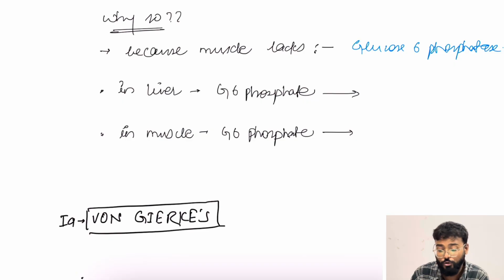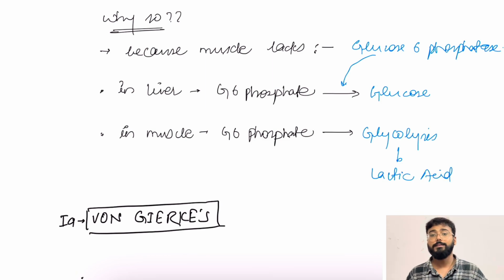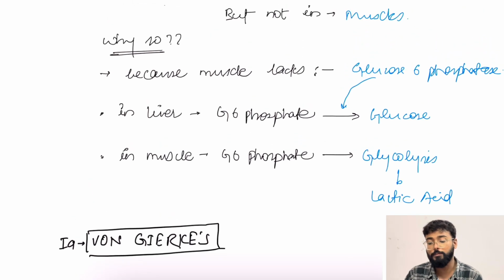So in liver, glucose 6 phosphate is going to form glucose with the help of this enzyme, but this doesn't occur in case of muscle. So glucose 6 phosphate is going to enter the process of glycolysis, which is further going to form lactic acid and liberate 3 ATPs, which will be utilized when the body is exercising.